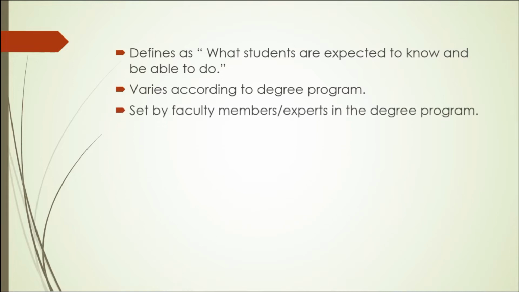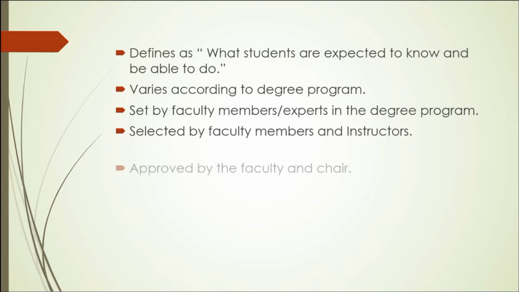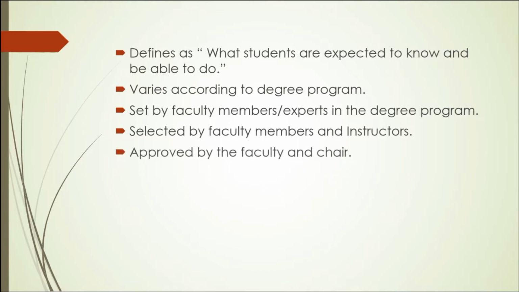It is set by experts in the degree program, selected by faculty members and instructors, and then approved by faculty and chair. The levels of student learning outcomes vary within three levels: the basic, mid-range, and the advanced.